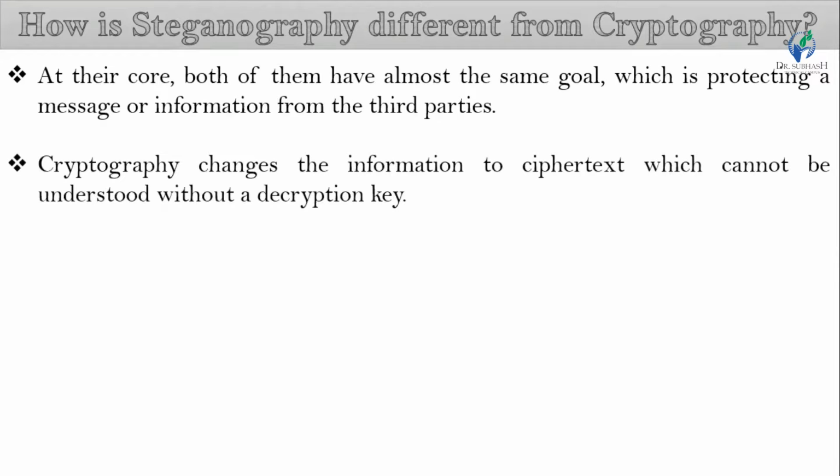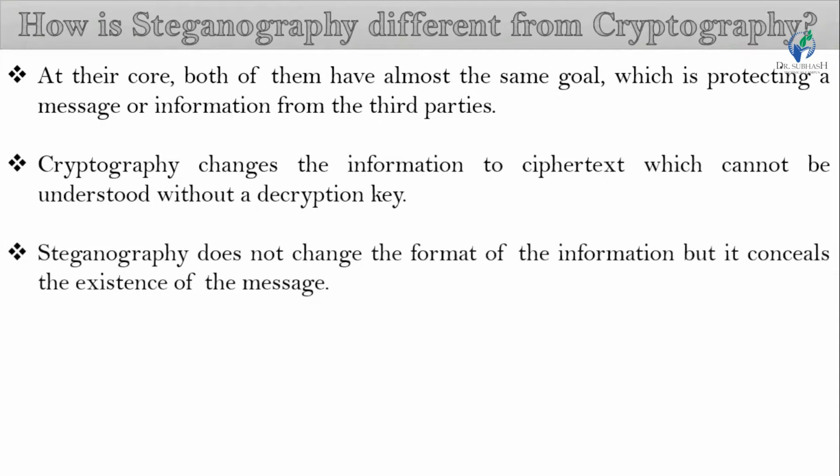Cryptography changes the information to ciphertext, which cannot be understood without a decryption key. So, if someone were to intercept this encrypted message, it would be easy to see that some form of encryption had been applied. On the other hand, steganography does not change the format of the information, but it conceals the existence of the message.